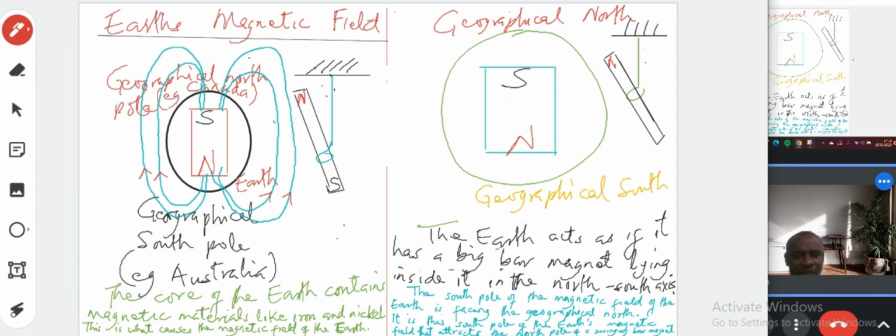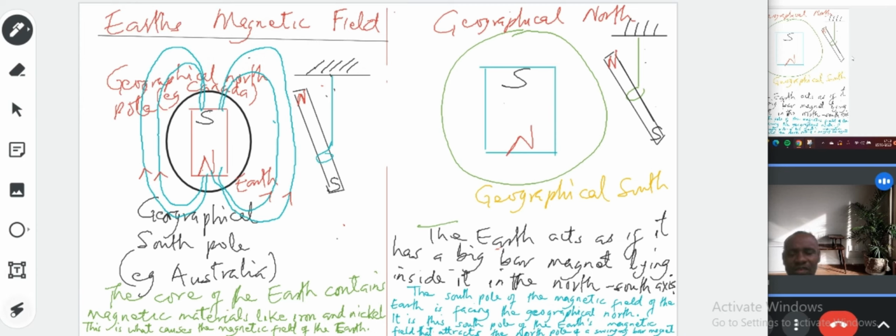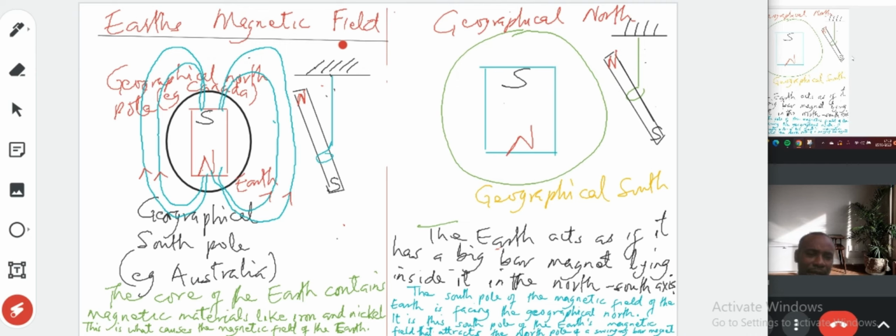See its north and see its south, and tell me which direction this north pole of the bar magnet is pointing towards. The geographical north, where you have the south pole of the Earth's magnetic field.